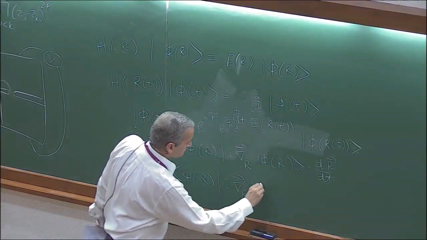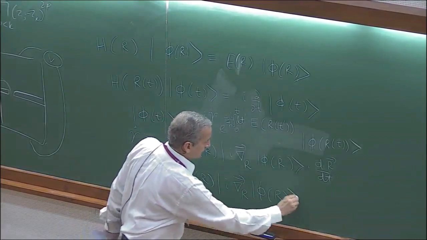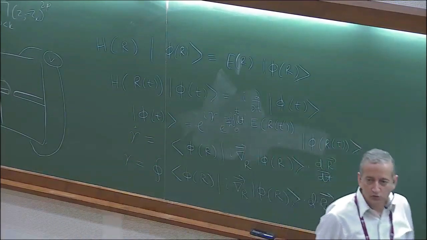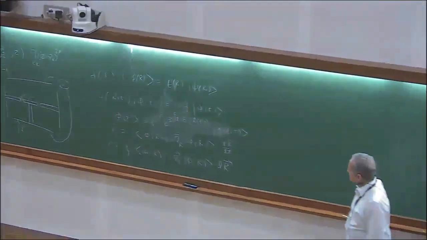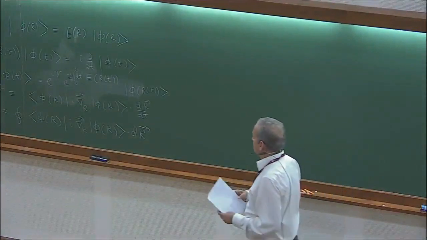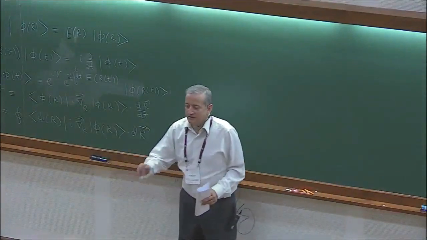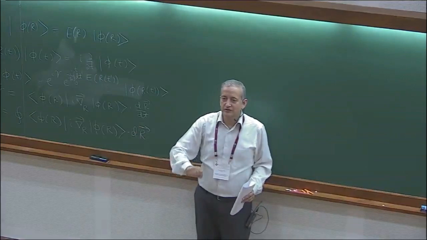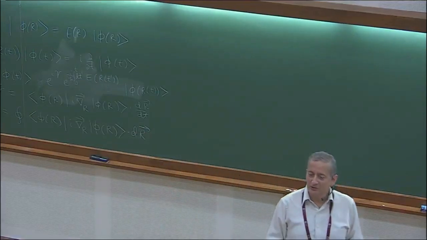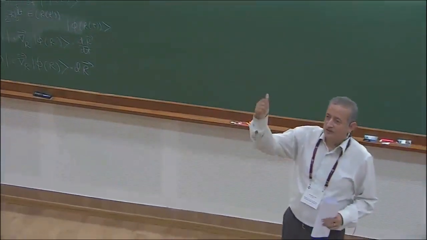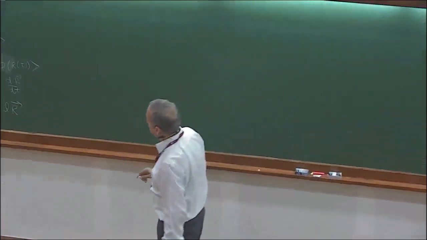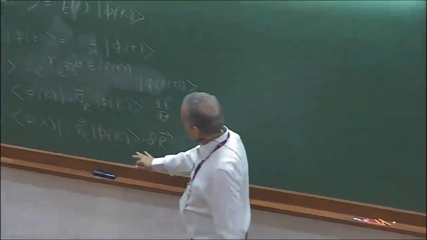One of the nice properties of this is that it's purely based on geometry, so it does not matter how slowly or fast we traverse the loop. Of course, we cannot go too fast, because we have to go sufficiently slowly to satisfy adiabaticity. But other than that, it depends only on the loop that we take in this parameter space.